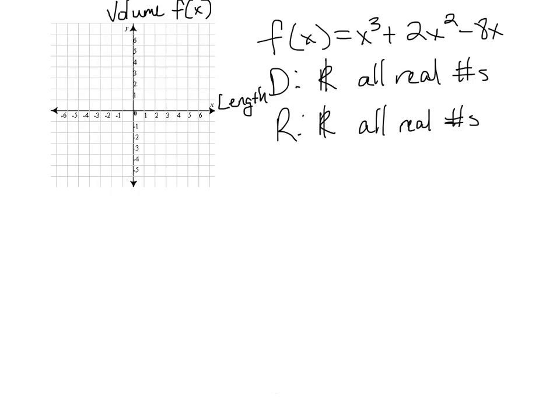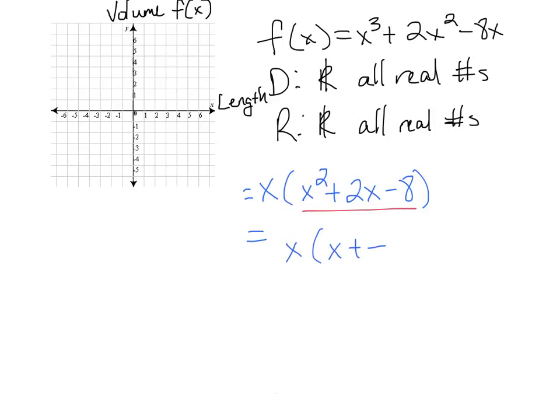I can factor out an x from the function to get x times (x squared plus 2x minus 8). And this trinomial inside the parentheses can be further reduced into (x plus 4)(x minus 2).